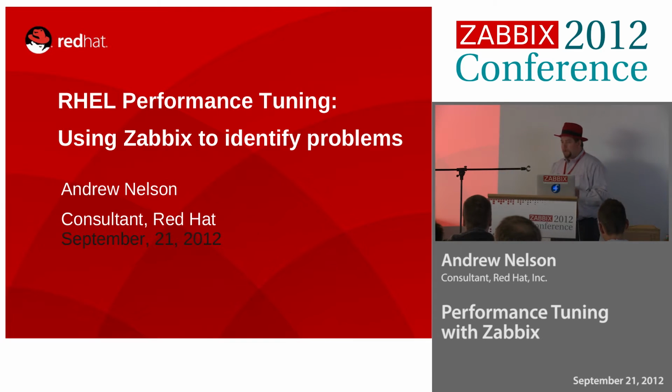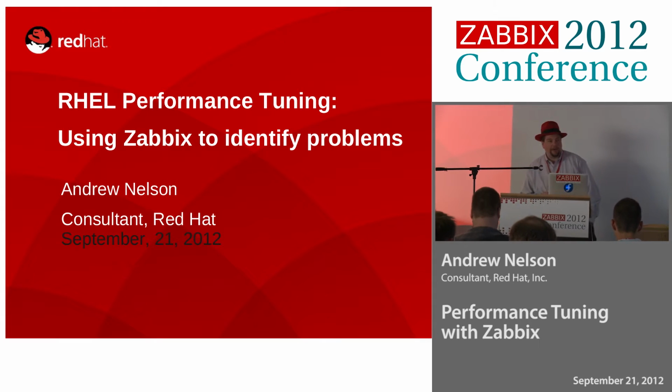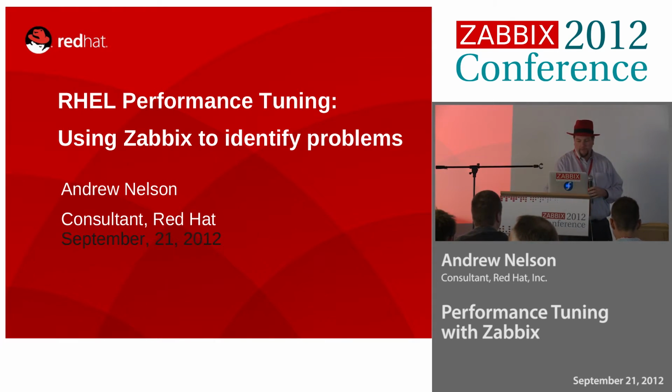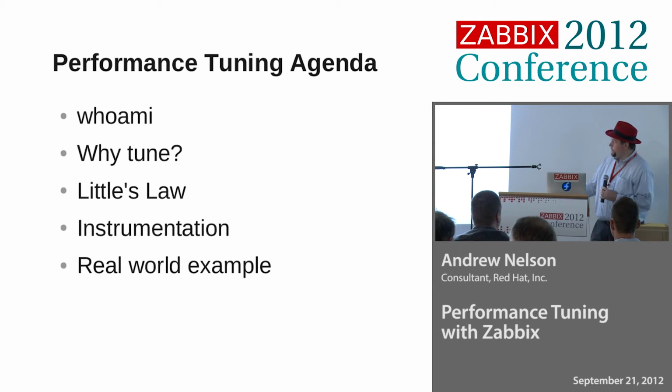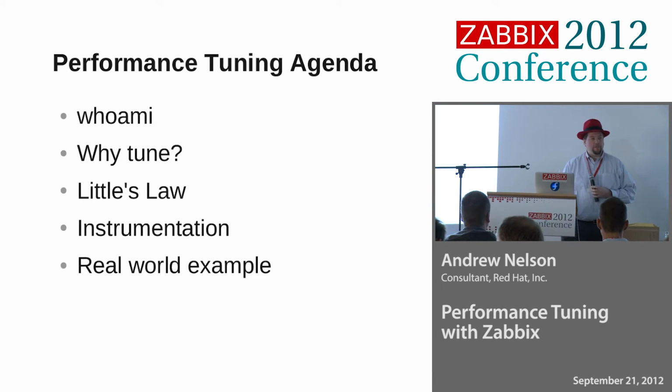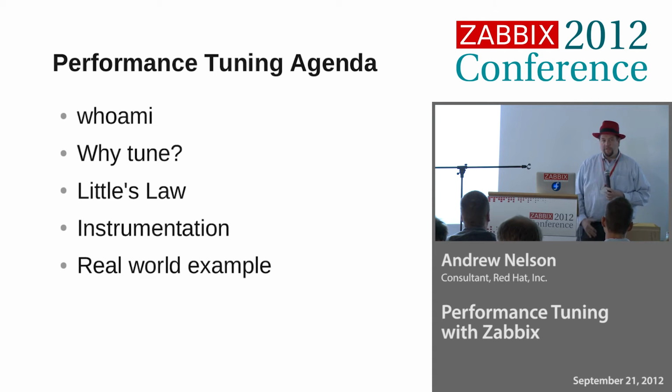Cool. So we're going to talk about performance tuning Red Hat Enterprise Linux using Zabbix to identify your problems. A little overview: we're going to dive into some interesting topics. One of them is Little's Law, which is kind of a math formula, or a principle that defines performance tuning in general.